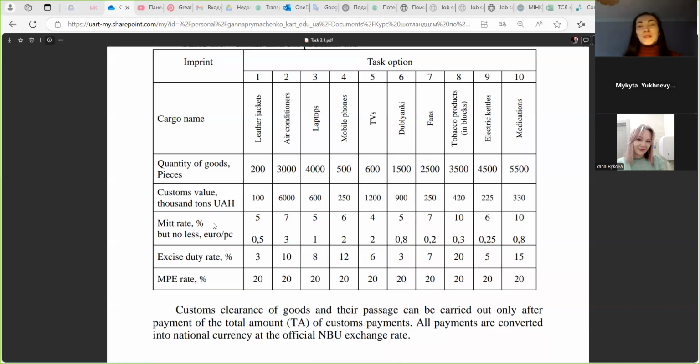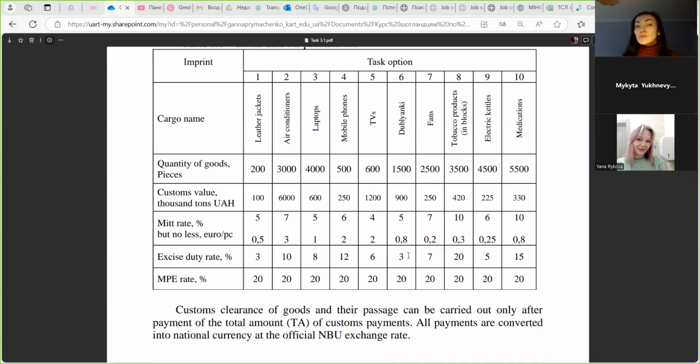When I calculate the specific duty, I have, for 6 variants, it will be 1,500. I have 53,000 hryvnias. So result.